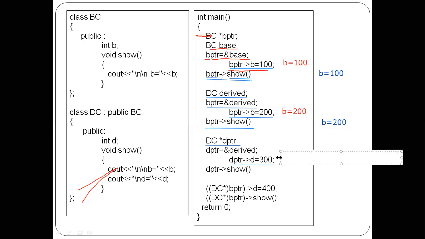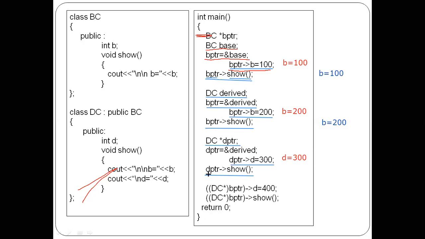Here we are going to initialize the d variable which is available inside the derived class. So d is equal to 300, and when we call this particular line, d pointer and show method, which method is going to be called, from the base class or derived class? Derived class. Yes, all of you agree?